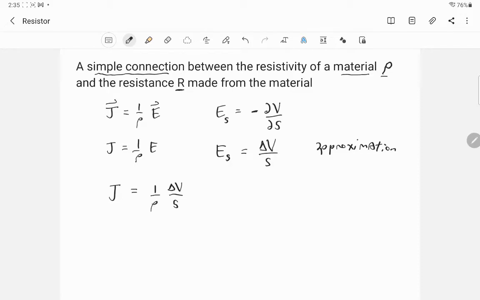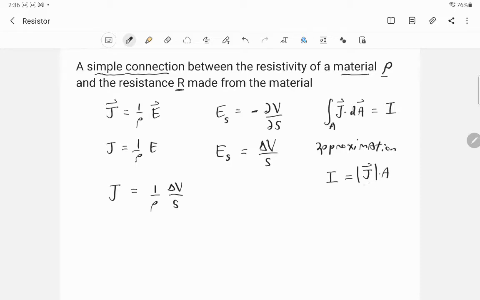All right. And now I'm going to remember a third relationship, which I'm also going to make an approximation with. It's that the integral of J dot dA is the current I through some area A. And the approximation I'm going to make is an assumption that the current density is uniform over the area, and it's simply that I is the magnitude of J times the area A. This is an approximation as well.